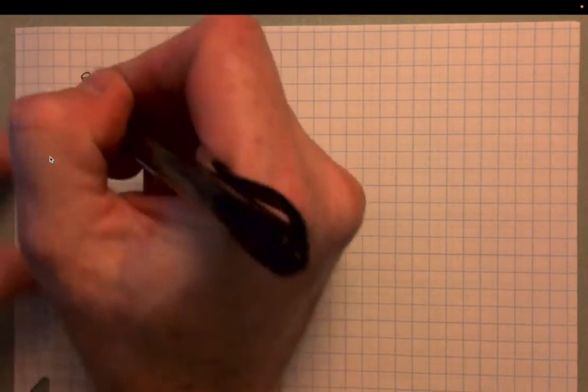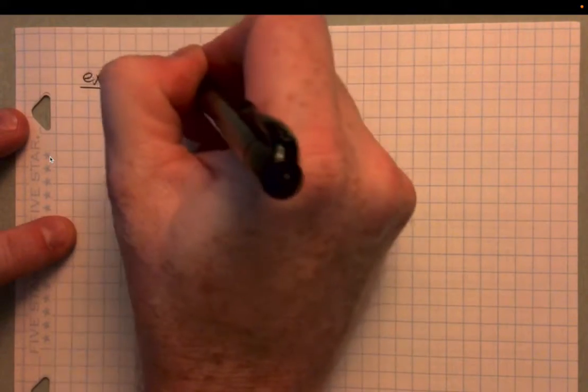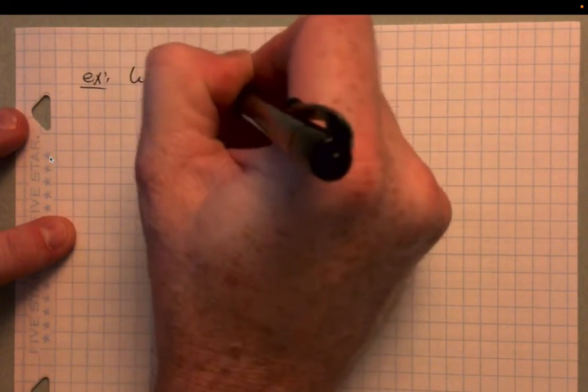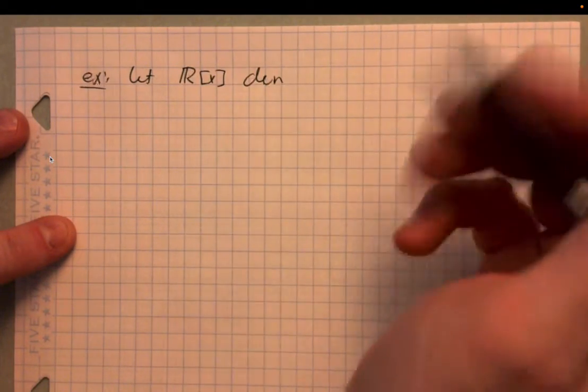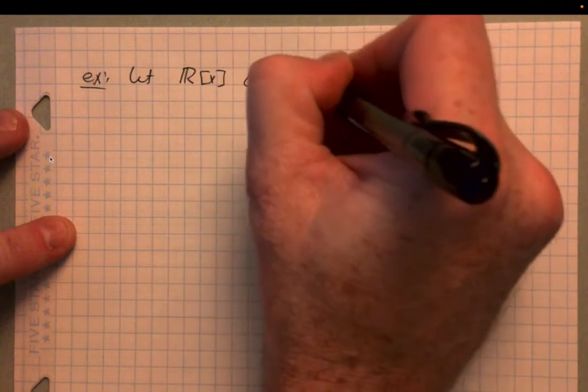How about a polynomial example? How about an example from the polynomials? Let's let R[x] denote the set of all polynomials with real coefficients.